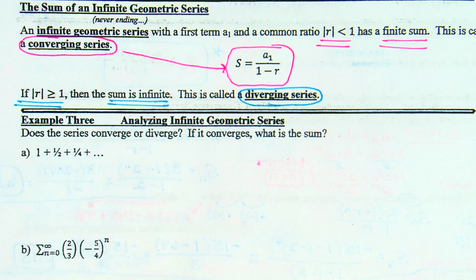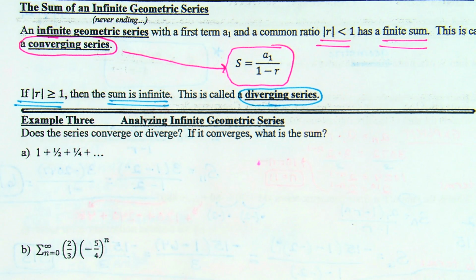Have I convinced you that 1/2 is good? Okay. So what I know right here is to get from the first term to the second term, I multiply by 1/2. To get from second to third, I multiply by 1/2. So we are in agreement that r is 1/2.